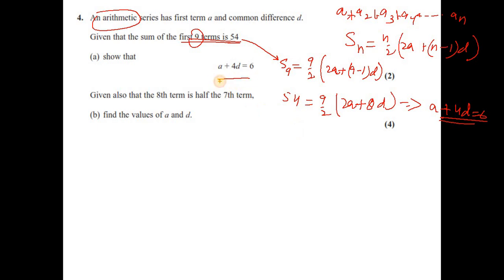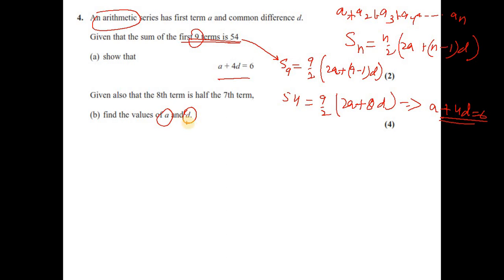This is the proof. Given also that the 8th term is half the 7th term, find the value of a and d. So there is an idea behind these types of situations. You need to find the value of a and the value of d, and this is the most typical situation in mathematics.